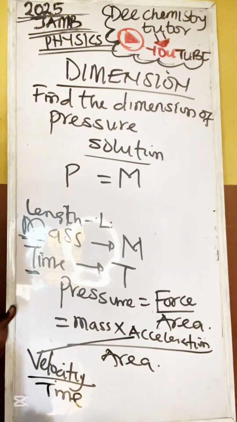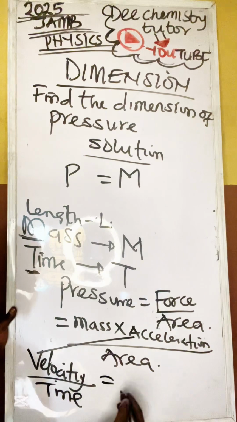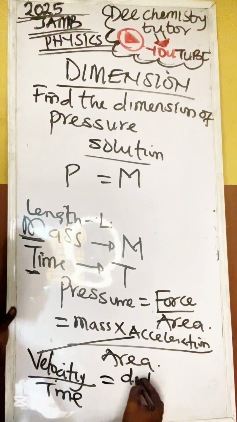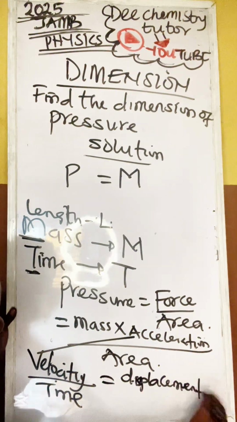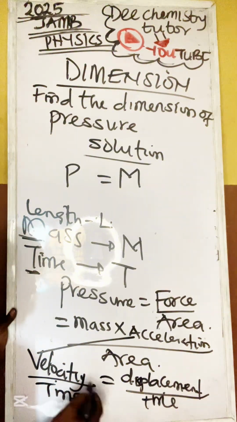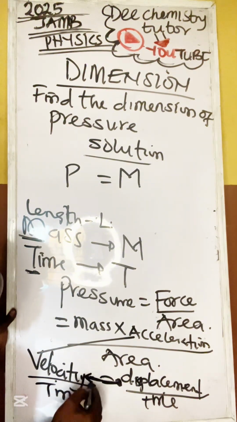That's what acceleration is. And don't forget that velocity itself is displacement over time. That is what velocity is. So can you see where it started from? It started from here to here.